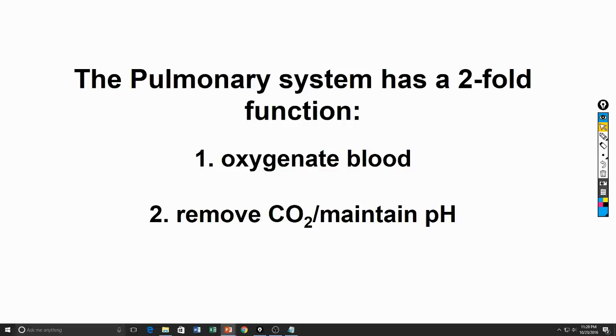And then the removal of carbon dioxide, CO2, which helps with maintenance of pH. All right, so we're going to look over these various roles throughout this lecture and help to sum all that up for you.